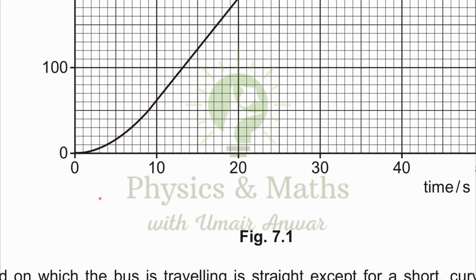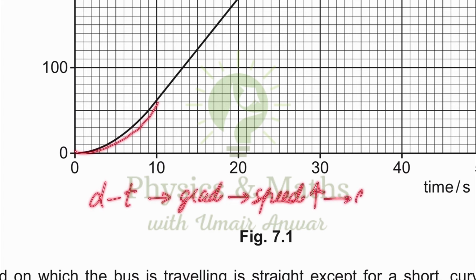So in a distance time graph, we know that the gradient represents the speed of the object. So when we have an increasing gradient, it means speed is increasing, and when the speed increases, we have acceleration in the body. So it is the accelerated movement.